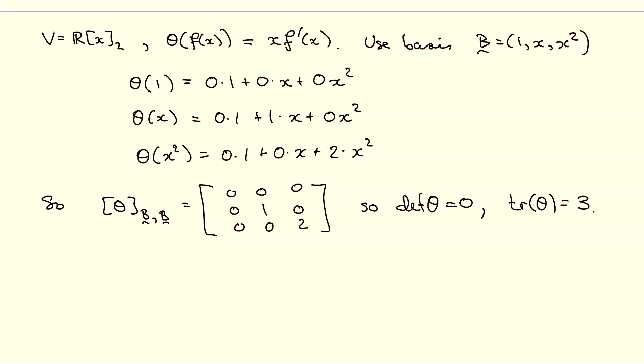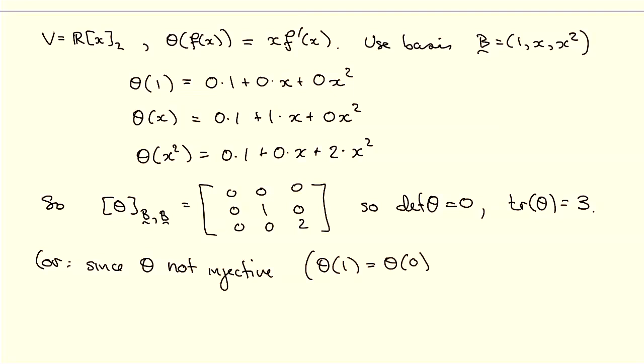Of course, you could compute the determinant in this case another way by just checking that theta is not an isomorphism, and then you know that the determinant is 0 automatically because it's not invertible. So theta is not injective, as theta of 1 equals theta of 0, both are 0.